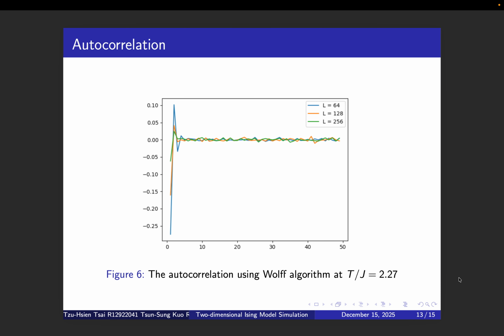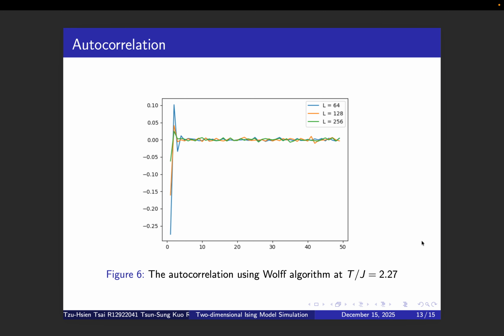Next, we look at the autocorrelation of the Wolff algorithm. We can see that for every lattice size, the autocorrelation of the Wolff algorithm is very low, even when the time step is very short.